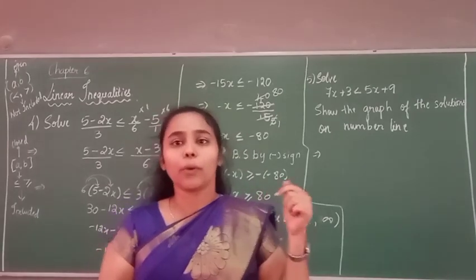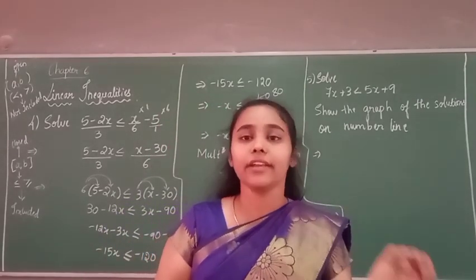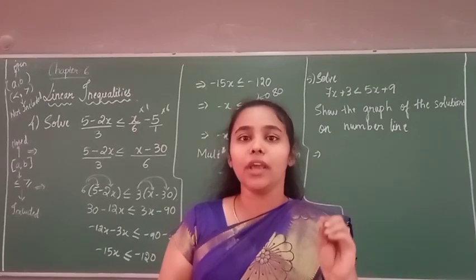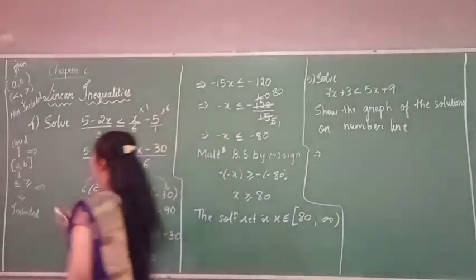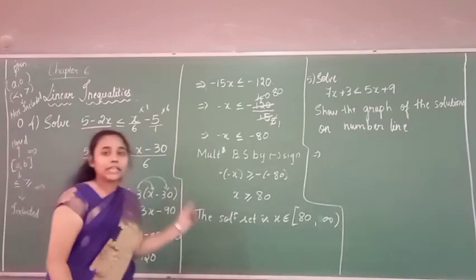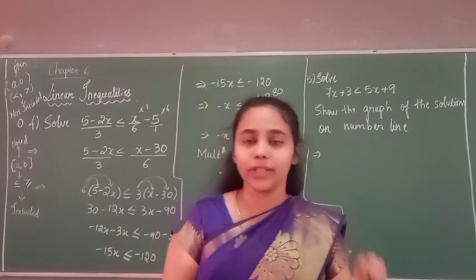So before we move on to this example, whenever it is greater than or less than, always remember it will be an open circle. We will be indicating it as an open circle to say that the terms are not included, when we are indicating on the number line.